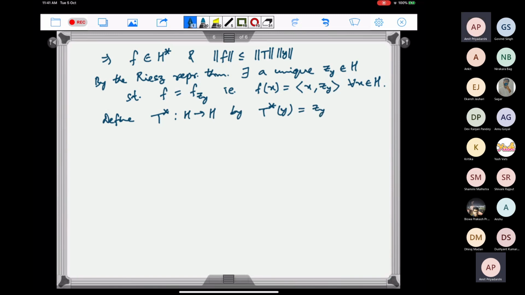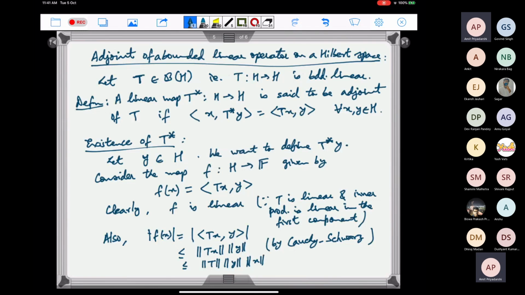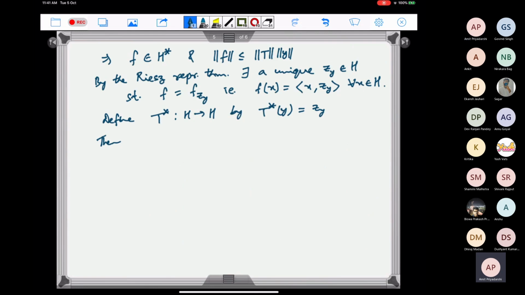Because for every y there is a unique z sub y, we now get a map from H to H. Now what is the property of this map? We want to see whether it satisfies the definition of adjoint. So what is x inner product with T star y?